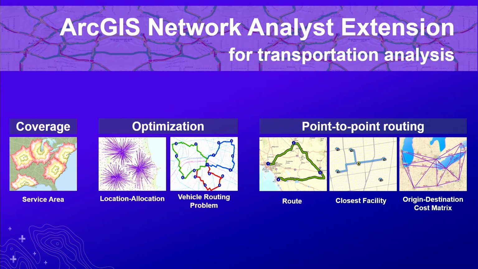For example, you might have an accident and you might want to dispatch the 3 closest police cars to that accident that can reach that location within 5 minutes. The origin destination cost matrix solver allows you to find the travel times and travel distances between all of your origins and all of your destinations, optionally specifying the number of destinations to find from each of the origins and also a distance or a time-based cutoffs.